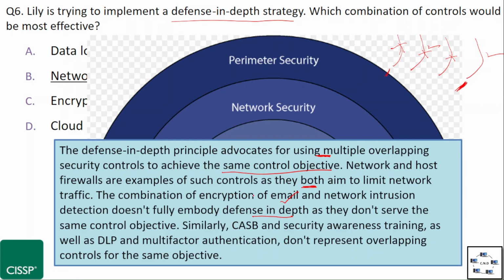The combination of encryption of email and network intrusion detection does not fully embody defense in depth, as they don't serve the same control objective. Similarly, CASB, that is Cloud Access Security Broker, and security awareness training, as well as DLP and multi-factor authentication, don't represent overlapping controls for the same objective.